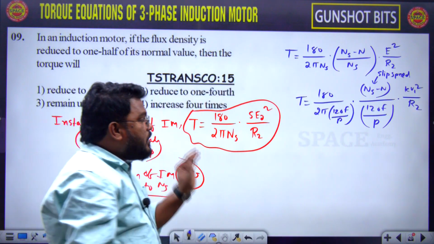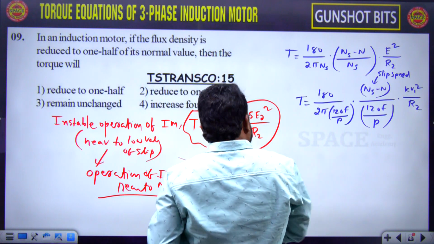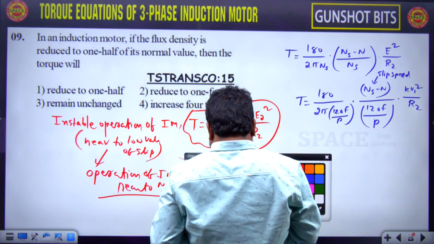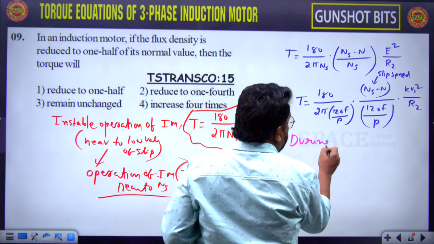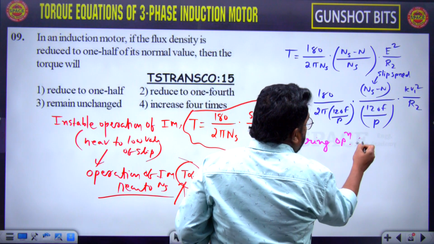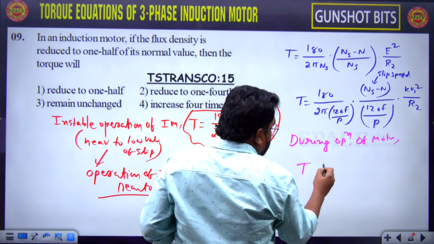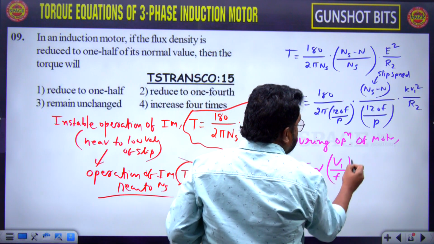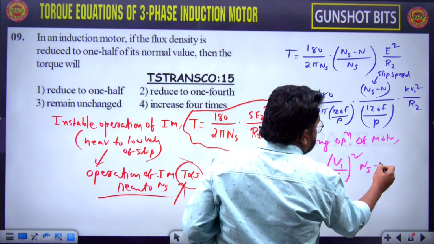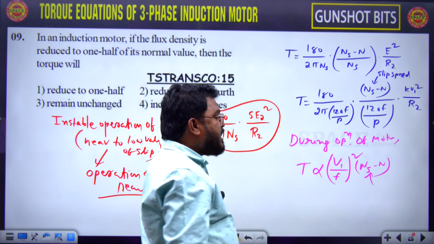So if we remove all the constants, then we will get the proportionality. So during operation of the motor, this torque is directly proportional to (V1 by f) the whole square times (ns minus n), where ns minus n is a constant, that is the slip speed of the motor.